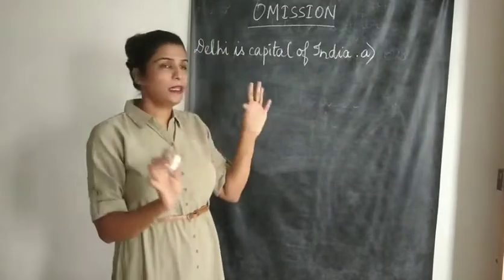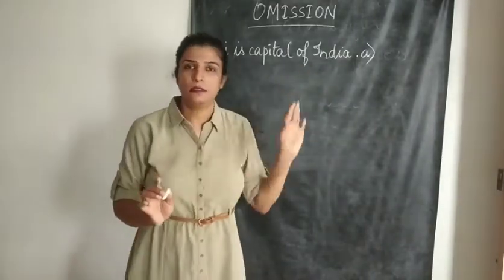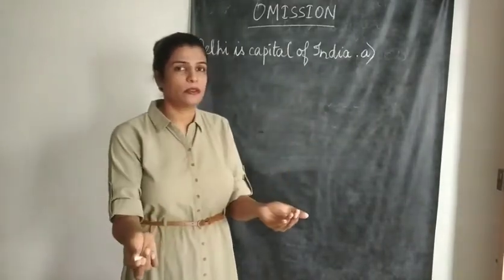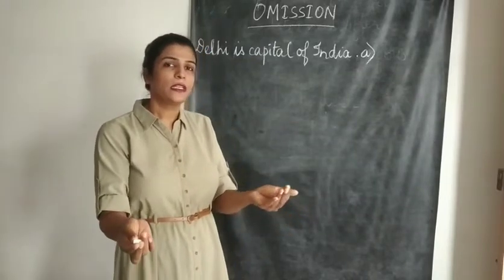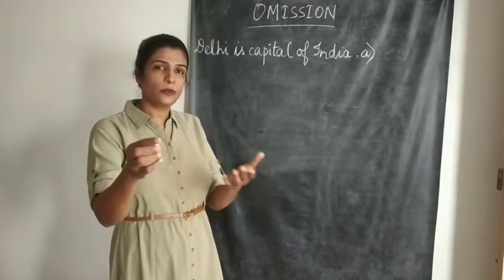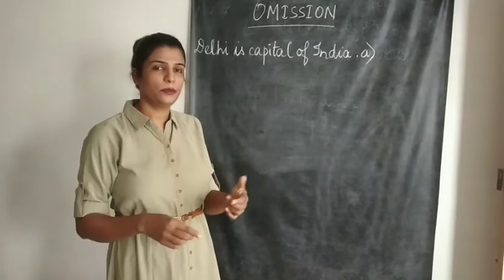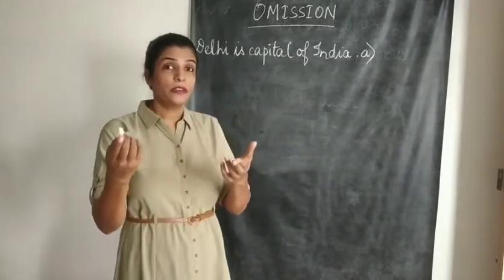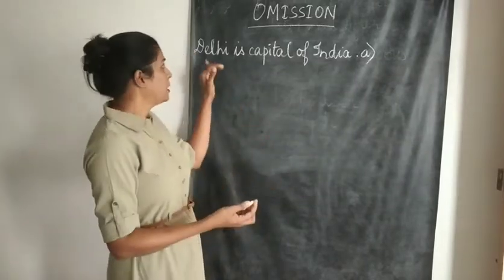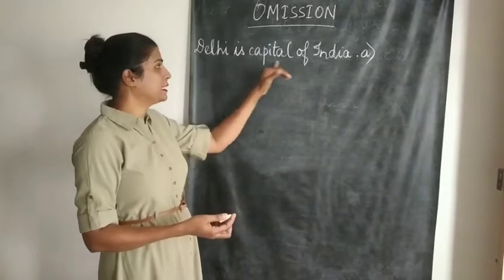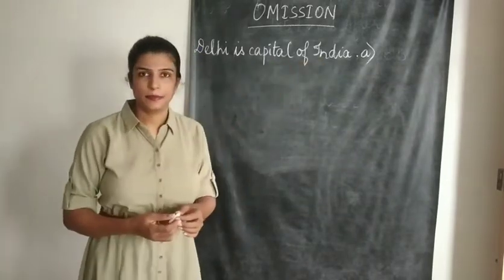Now for example, I have written a part of a paragraph. I will be teaching you later also, with the help of paragraphs, what word is missing, how you locate it, and how you find out what is missing. Now I wrote here, Delhi is capital of India.